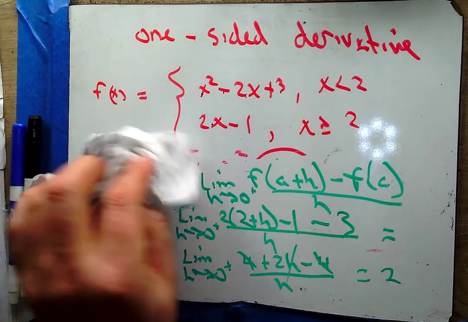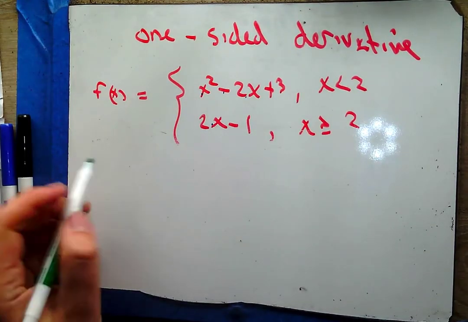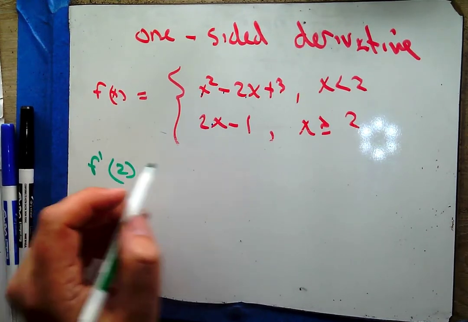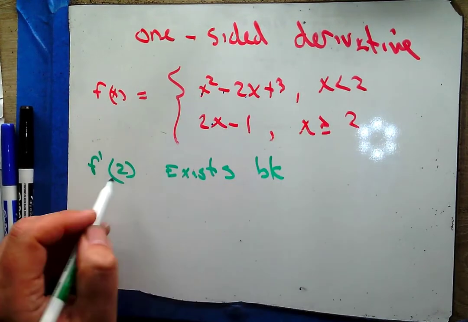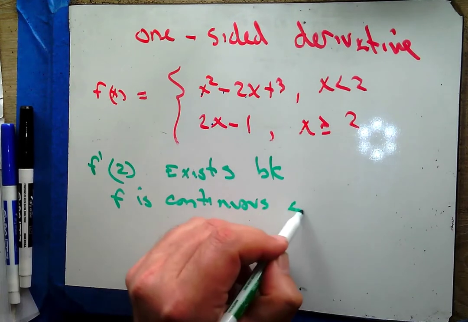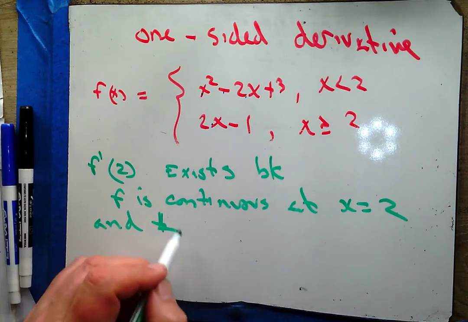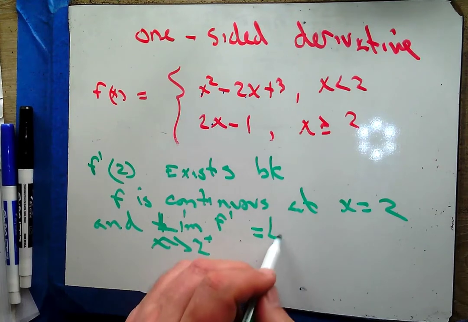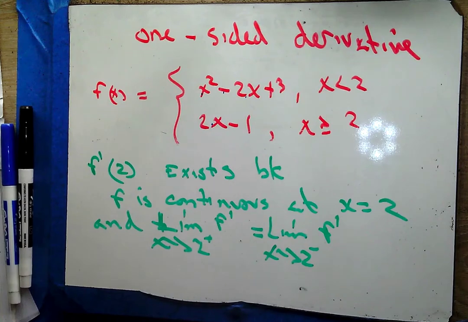And can you explain why this function is differentiable at 2? f prime of 2 exists because f is continuous at x equals 2, and the limit as x approaches 2 from the positive side of f prime equals the limit as x approaches 2 from the negative side of f prime.